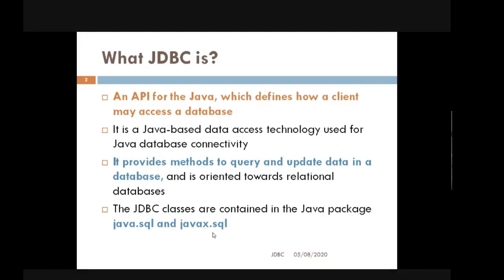Communicating in the sense, after getting connected to the database, you will either be updating the data available in the database table, or inserting new data, or removing some existing data, or searching some data.